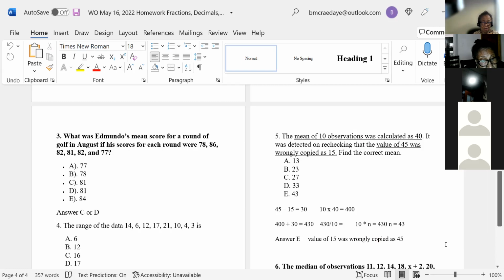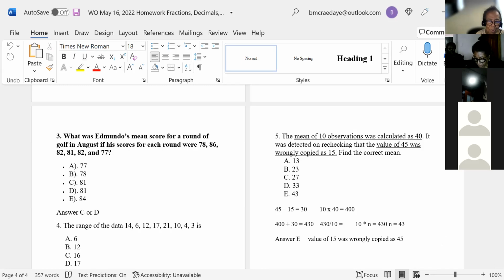No. If the value of 15 was wrongly copied as 45, my total 400 would now be what? What would be my new total? Anybody want to tell me? 400. We have to take away 15 from 45. It would be 30.